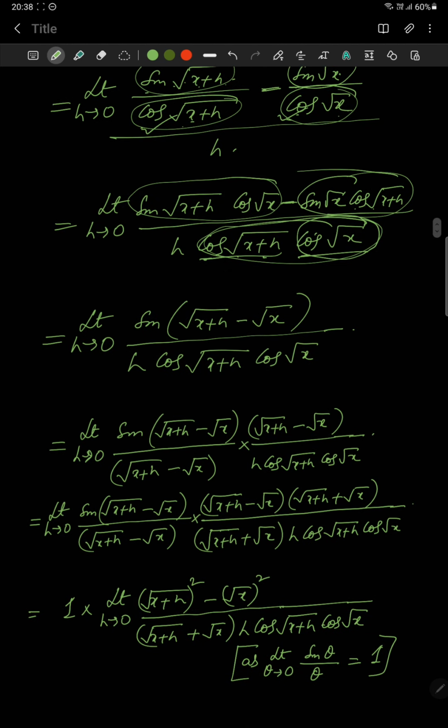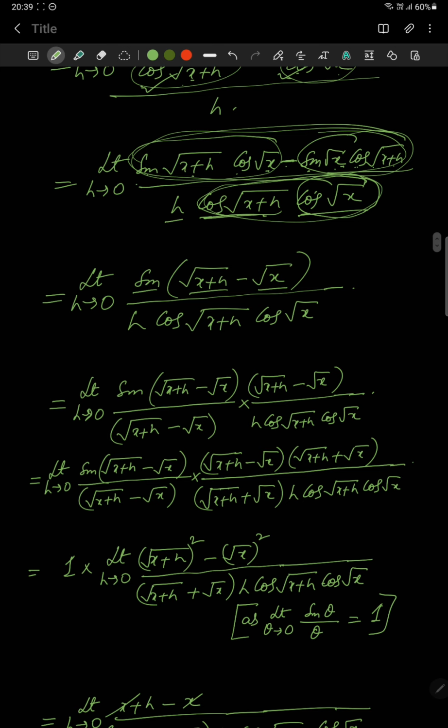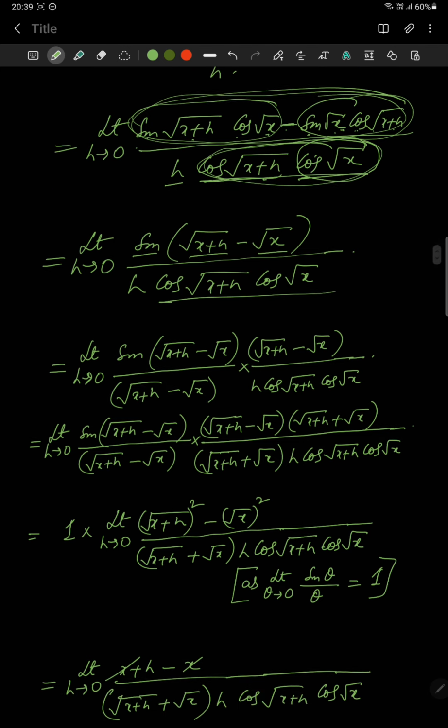If you see this numerator carefully, you will find it is in the form of sine a into cos b minus cos a into sine b. So that is what I have written in the form of sine (a minus b), and whole divided by h, multiplied by this thing, which is copied over here.